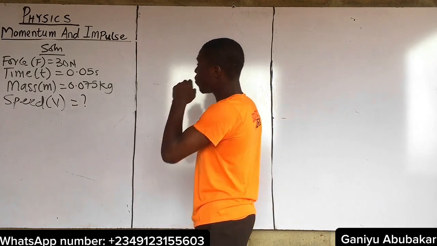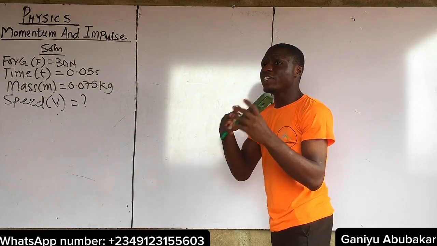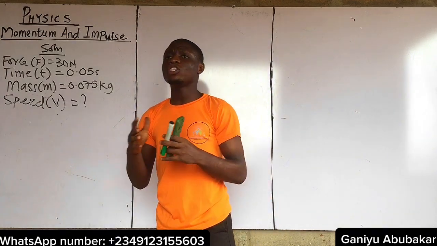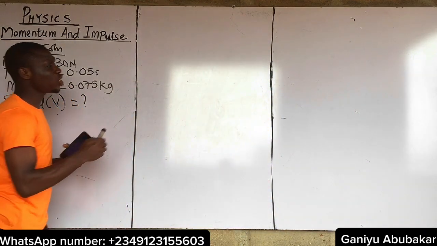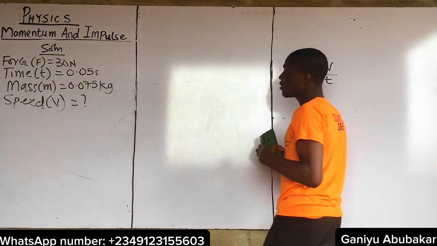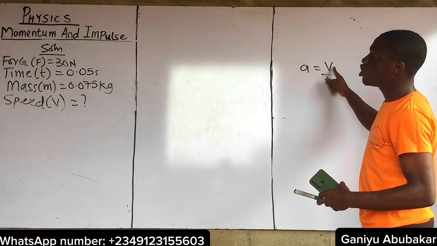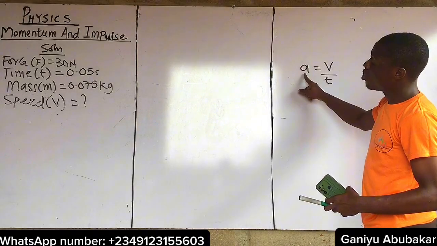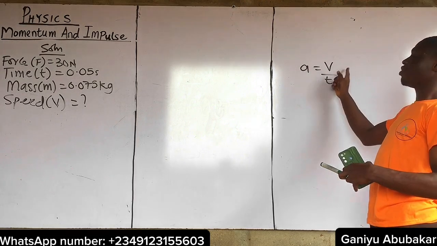We know that acceleration is equal to what? Velocity over time. So I know time is there. I'm looking for this one. I don't know acceleration, so let's get acceleration first. After getting acceleration, then we can find velocity.